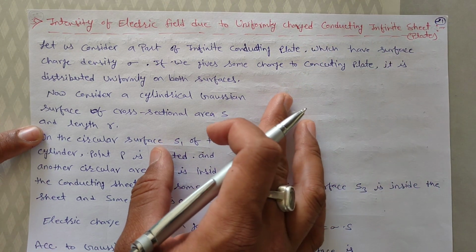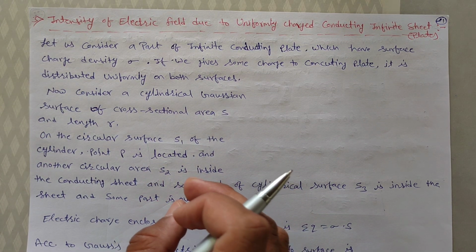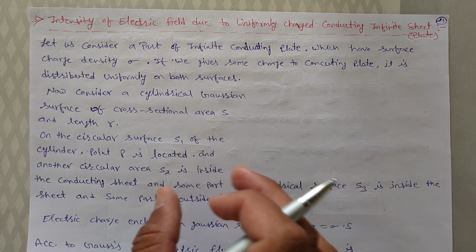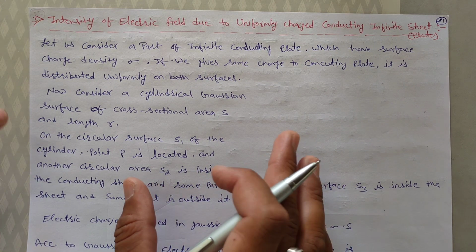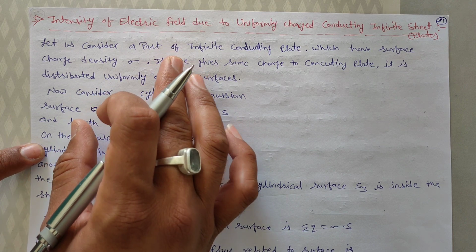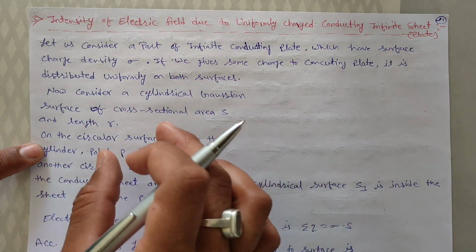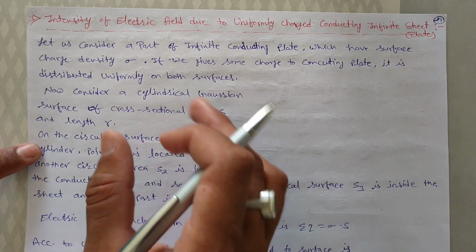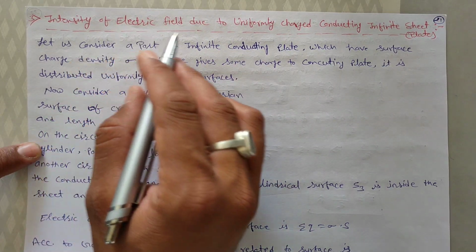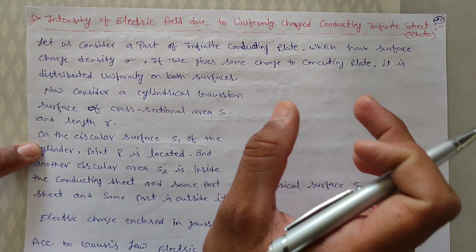In the starting we study the main difference between a conductor and a non-conductor. So for this application, the direction of the electric field intensity due to this sheet will be the same as the direction of the electric field intensity due to a non-conducting infinite sheet.